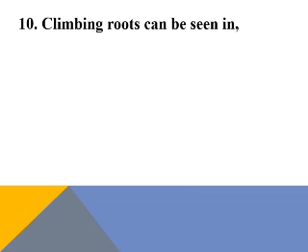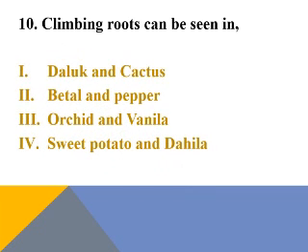Dalu and cactus. Next one, betel and pepper. Next one, orchid and vanilla. And finally, sweet potato and dahlia. According to these answers, betel and pepper should be the climbing roots. So the correct answer is the second one.